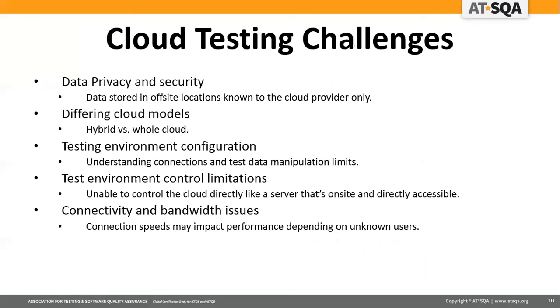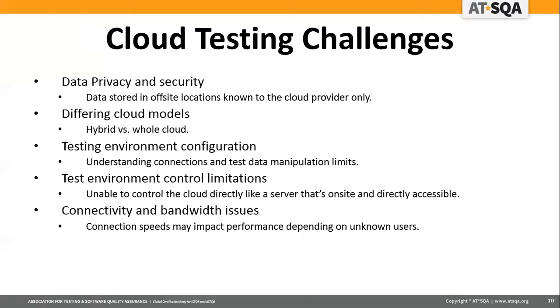There are different cloud models. So you have to decide whether you're picking a hybrid, a private, a whole cloud, or a public cloud, or a combination of those. Setting up the testing environment configuration, depending on what type of cloud model you use, is different. So it may take some time to understand how to set up those connections and what data you can and cannot manipulate.